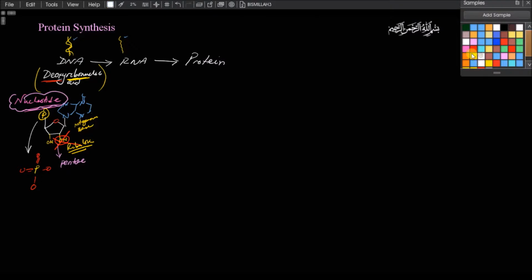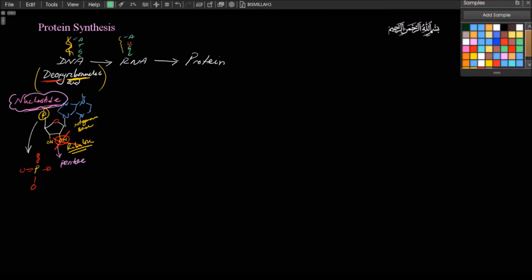The other thing is the 4 nucleotides that constitute DNA: A, T, G, and C, adenine, thymine, guanine, and cytosine. And in RNA, it's A, U, G, and C. In other words, there's no thymine in RNA. So ATGC in DNA, and adenine, uracil, guanine, and cytosine in RNA.